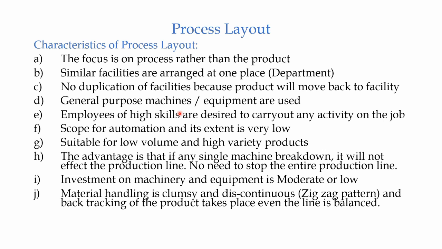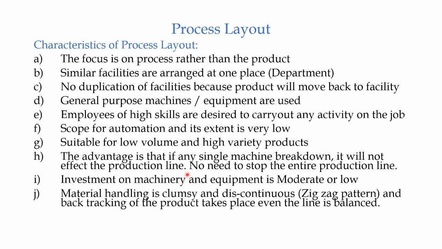A product which finishes its operation in a particular department may visit the same department again after carrying out some other processes. So this kind of arrangement, that is a process layout, is suitable for low volume and high variety products. Then the advantage is that if any single machine is broken down, it will not affect the entire production because there is an alternate machine.